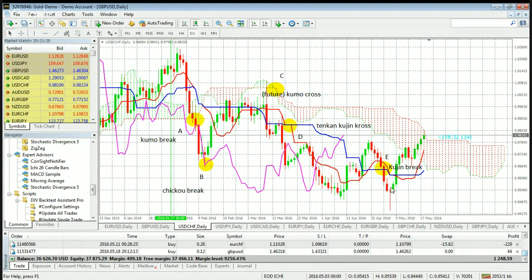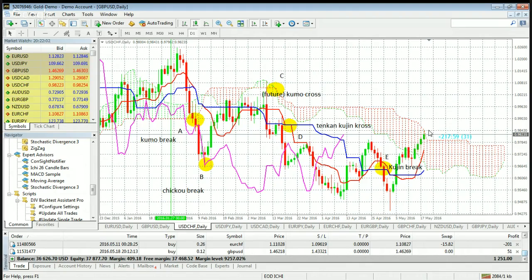Right, so on the US franc, we haven't really got anything. We've got price in the cloud, so I want to find out, we're probably going to get a Kumo break happening very shortly. Apart from the Kumo break that's going to happen over here, what's the next closest buy signal that we might get?